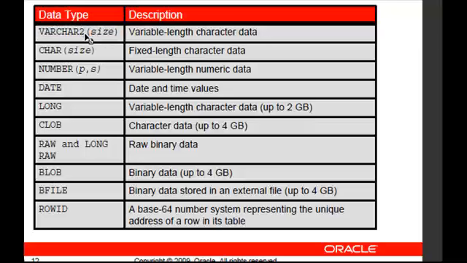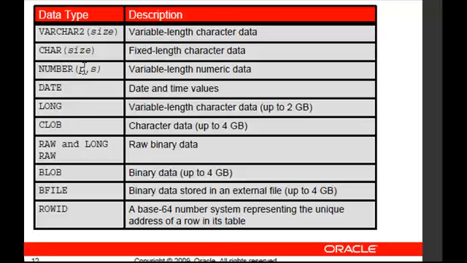We recommend that you mostly use VARCHAR2 for your variable size data. CHAR is a fixed size character data type. This one can go up to 4000 bytes, or let's say 4000 characters, which is the maximum VARCHAR can go, and this one is almost similar, a little bit less.